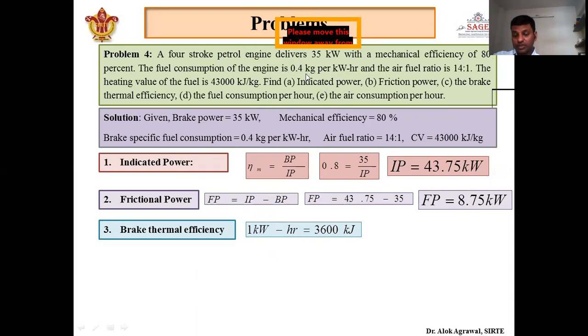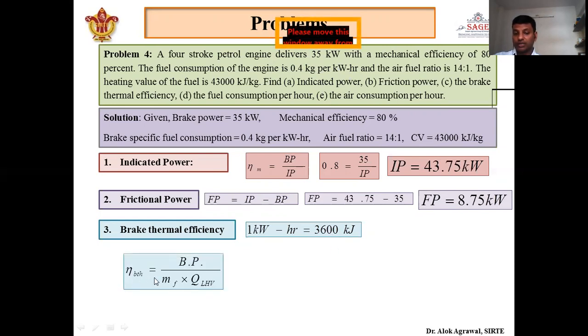Here 0.4 kg of fuel is consumed when the engine produces a power of 1 kilowatt hour. So we can change our power output from 35 kilowatt to 1 kilowatt hour, which is 3600 kilojoule.